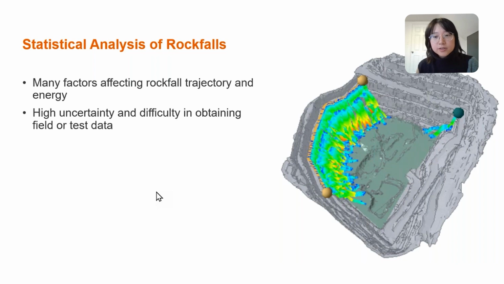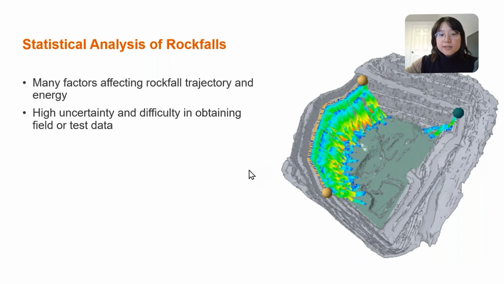Unfortunately, these are all factors with high uncertainty and difficulty in testing. And coupled with the sensitivity to these parameters in modeling, the accurate prediction of rockfalls is practically impossible.